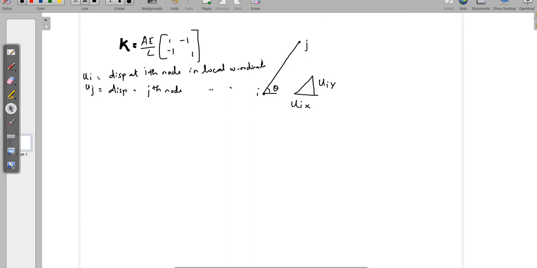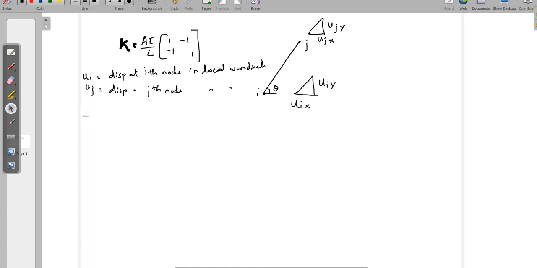Similarly, you can split at the jth node into two. So Uj capital X and Uj capital Y are the global coordinates of the jth node. I and j are the node numbers, ui and uj are the displacements in the local coordinate system, and capital Ui X, capital Ui Y is the global notation for displacement.